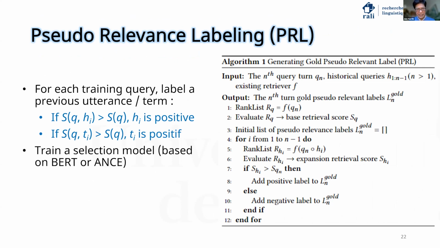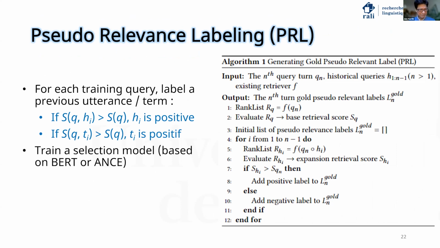We can annotate two entities, and one is the utterance, the complete utterance. By concatenating a previous utterance with the current query, if the performance measure S is improved, then we can annotate this history HI as positive.